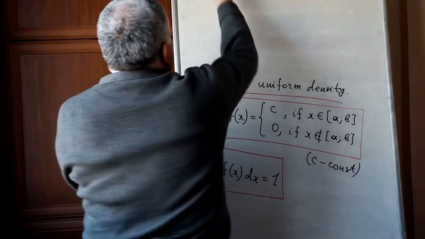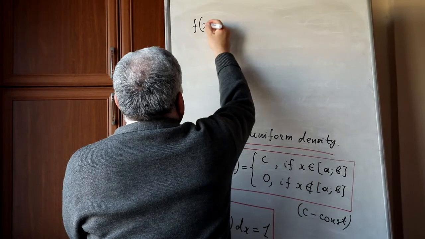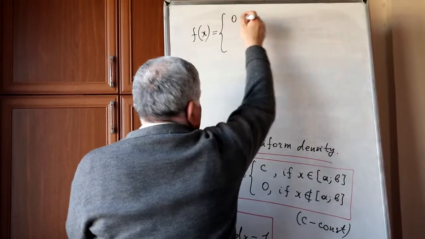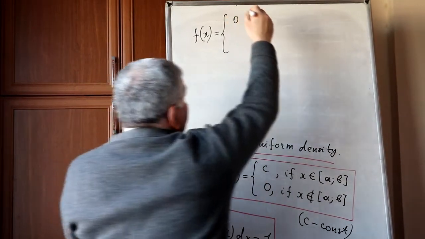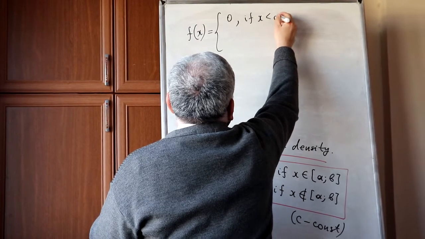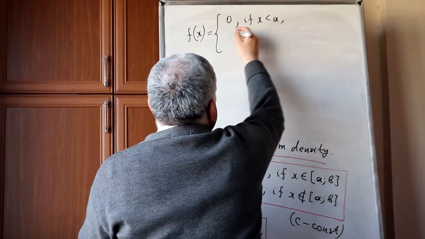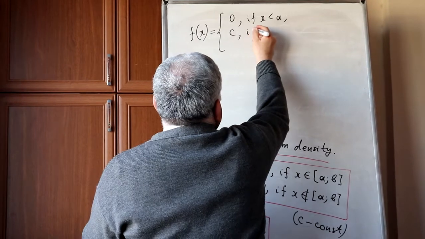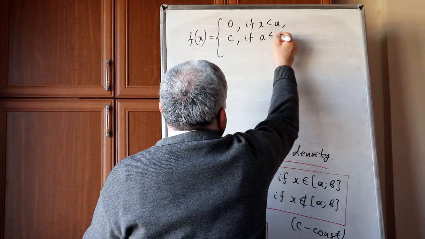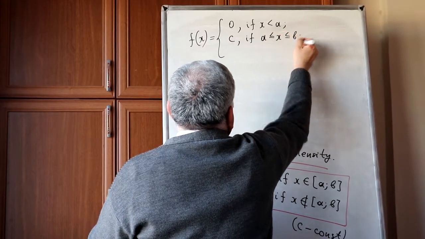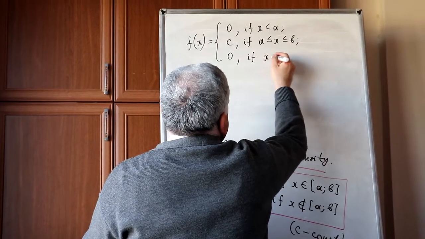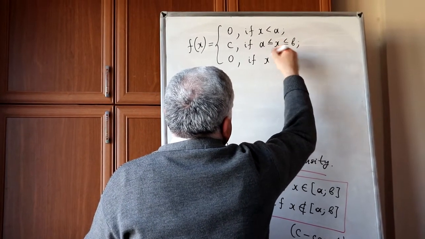F of x equals 0 until a, if x is less than a, is c if x is situated between a and b, and again it is 0 if x is situated after b.